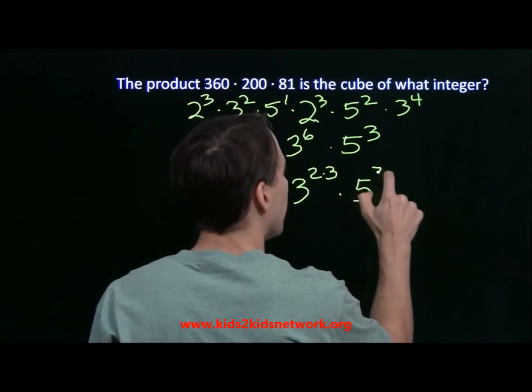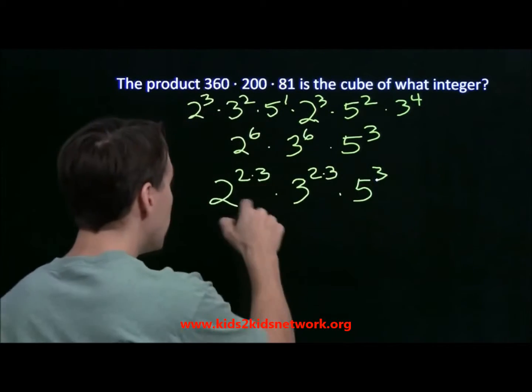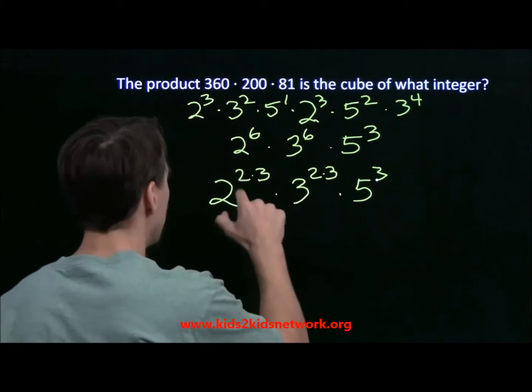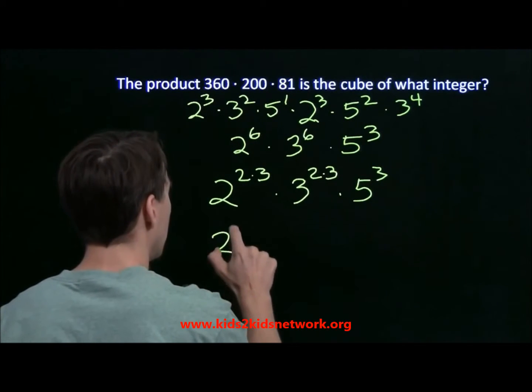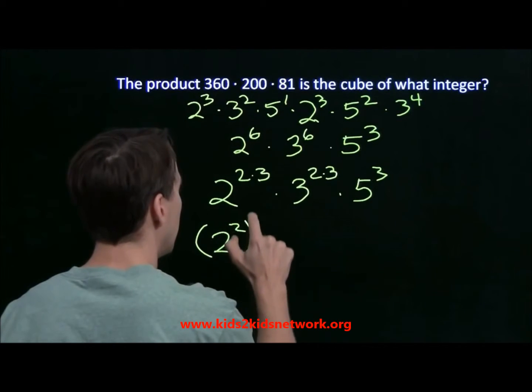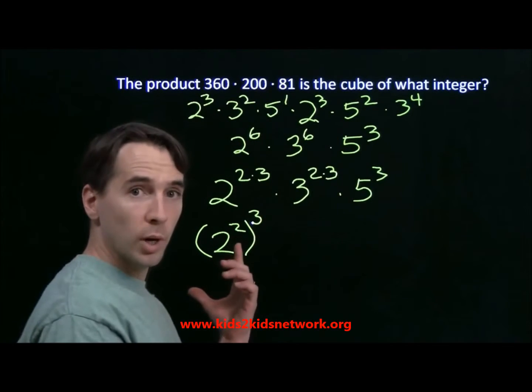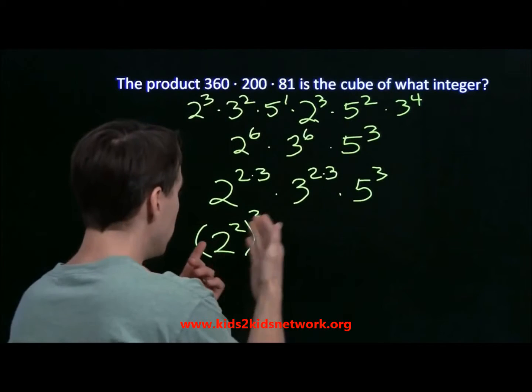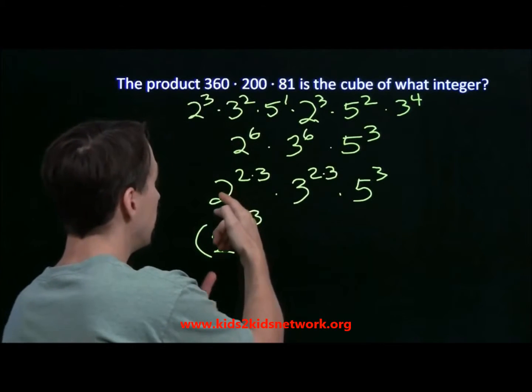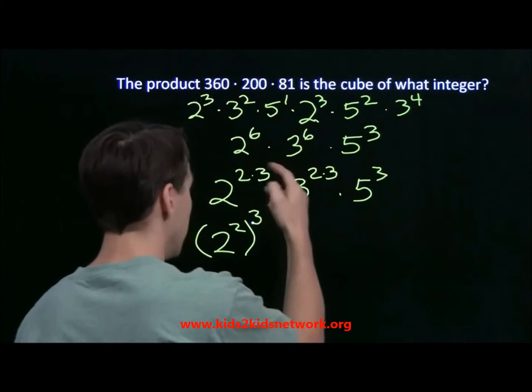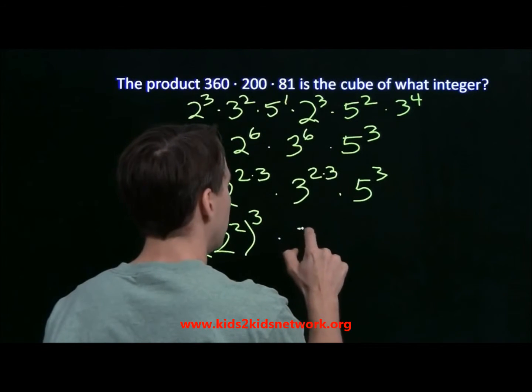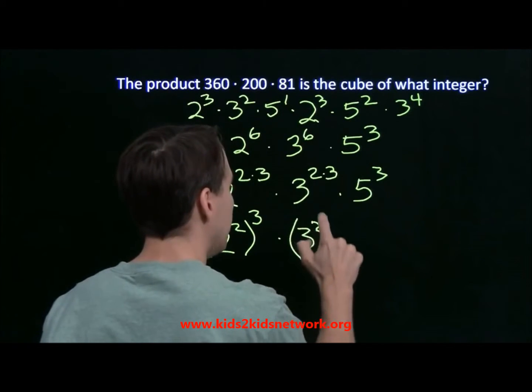And now we can use one of our exponent rules. We can write this as the cube of 2 squared. And it's just our power of a power rule. 2 squared raised to the 3rd. We just multiply the exponents 2 times 3. Go in the other direction here. We do the same thing with the 3.